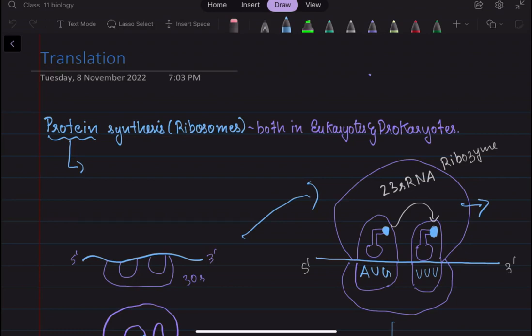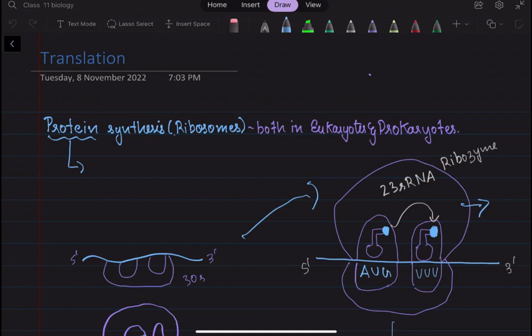In today's video, we'll be learning about translation. So, translation is nothing but protein synthesis. Translation is the process of polymerization of amino acids to form a polypeptide chain, which is basically a protein.